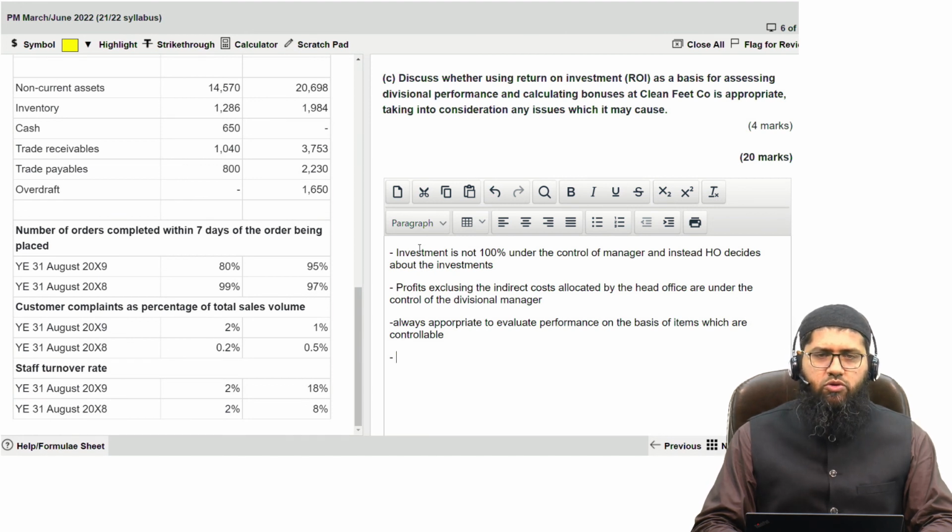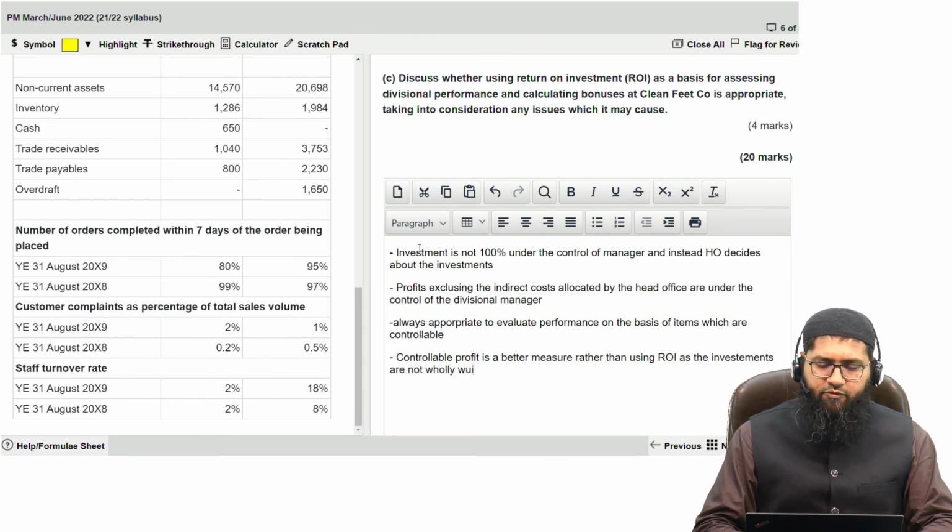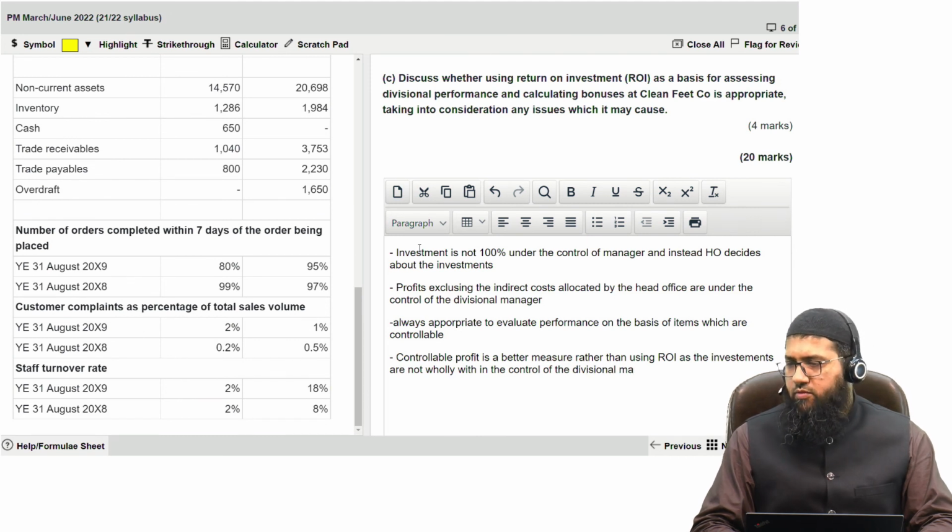So controllable profit is a better measure rather than using ROI, as the investments are not wholly within the control of the divisional managers.